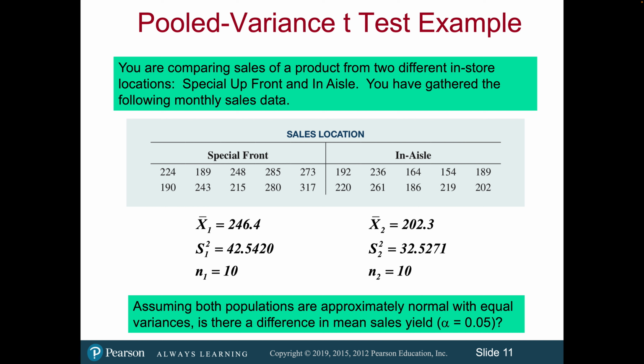Down the bottom green box, we're assuming both populations are normally distributed because we have a very low sample size, 10 each. We need 30. So if we only have 10, less than 30, we need normally distributed. And we'll test at alpha equal 0.05.